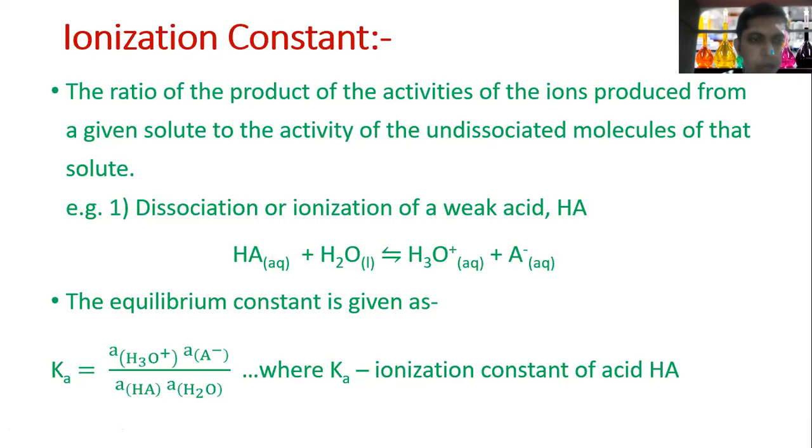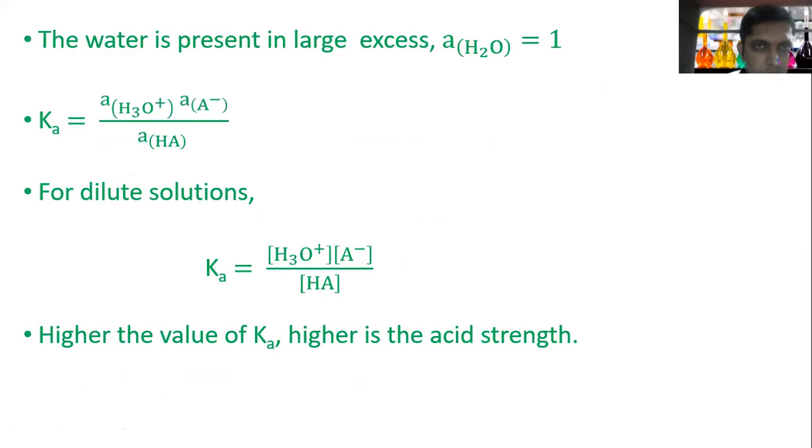So this is the equation for the dissociation constant of weak acid HA in terms of activities of the ions and activities of these molecules. But here water is present in large excess.